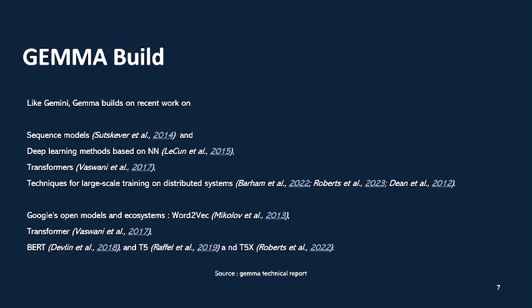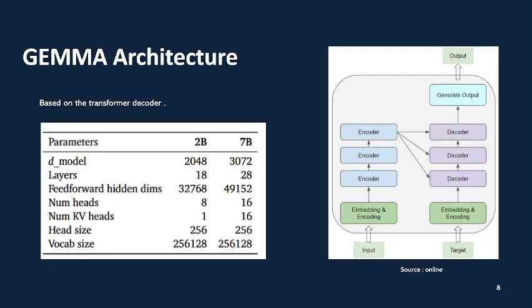First they start from the sequence model, and then before GPT was introduced, deep learning performed well and was used everywhere. And the transformer also. Before Gemma, Google had some open models like word2vec, BART, and T5, also the T5 series. Among them, the key point is that the transformer revolutionized everything. So I will also describe the transformer.